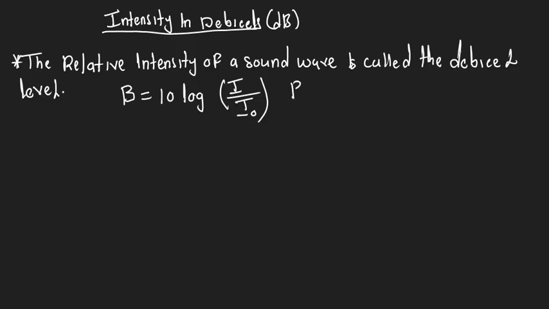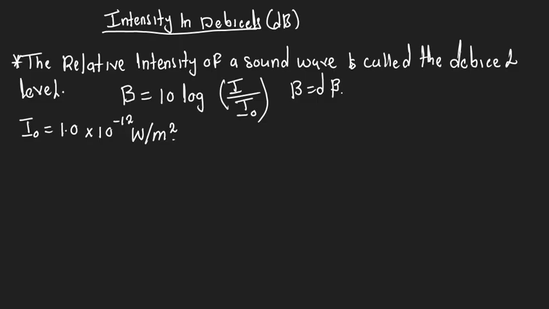And of course, B is our decibel level and it is measured in decibels. This formula is very important. Now we know that the initial intensity is equivalent to 1.0 multiplied by 10 to the power negative 12 watts per meter squared.